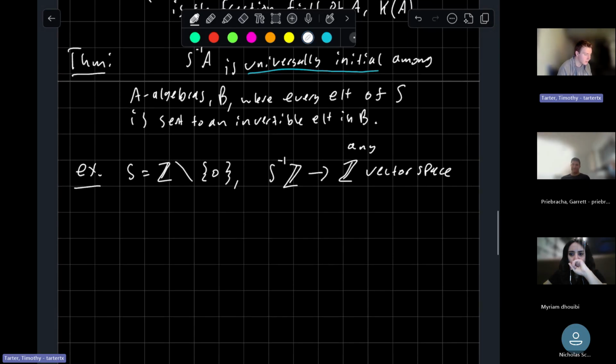And so the clear way of defining this is by a universal property.